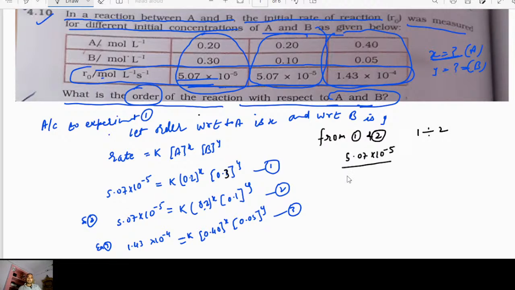Equation 2 is also there: 5.07 × 10^-5 = k × 0.2^x × 0.3^y. Divide this by equation 1, where k is 0.1 and the other values are 0.2^x and 0.1^y.